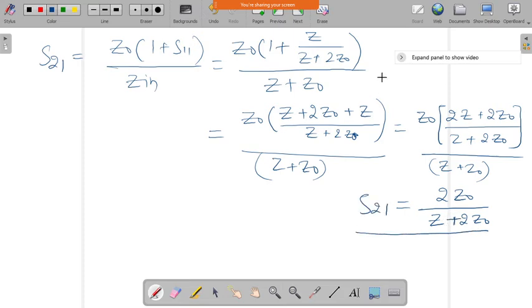Now we got S11 and S21. Since it is a reciprocal and symmetrical network, we can write the S parameters for this element.